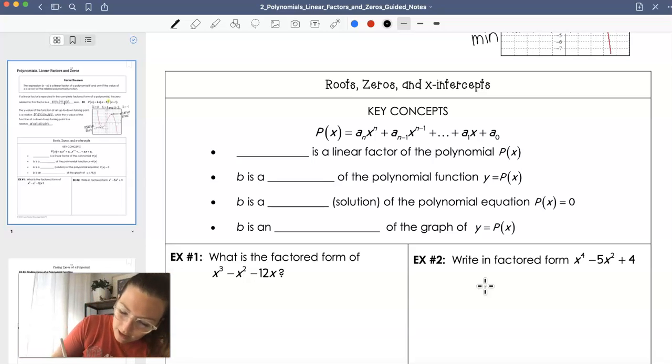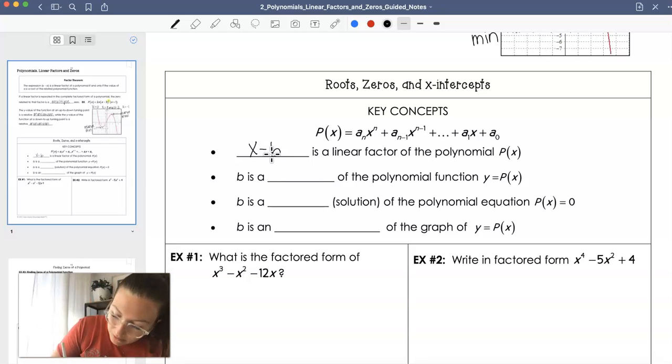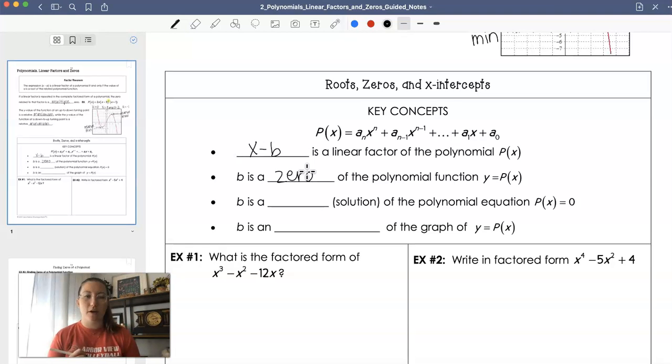All right, so if we had x minus b is a linear factor of this polynomial, so we factor this polynomial down, and one of the factors is x minus b. So then that means b is a zero of the polynomial function.